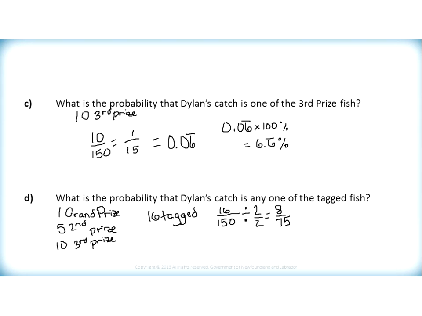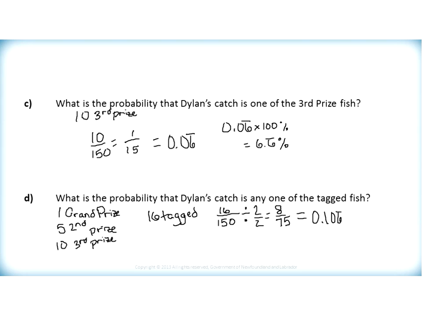As a decimal, we take 8 and divide it by 75 on our calculator, and this works out to 0.106 repeating. The 6 is the only thing that repeats here. So it's 1, 0, then 6, followed by 6s. So it's a 0.106 repeating chance of getting a tagged fish.